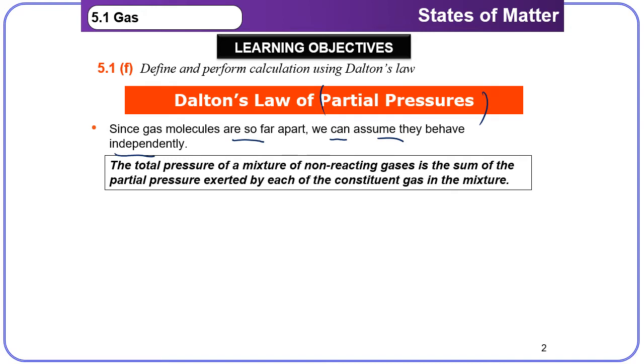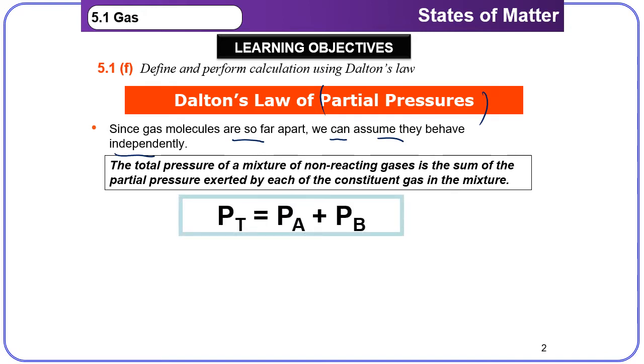So let's say we have PA and also PB, means that we have component A and component B mixed together, and component A will exert its own partial pressure and component B will exert its own partial pressure.